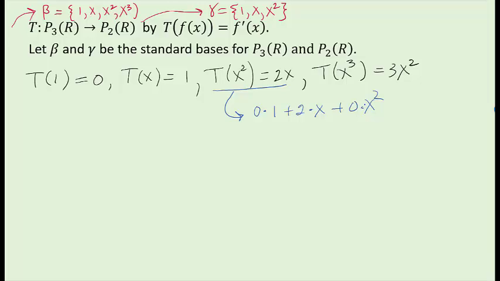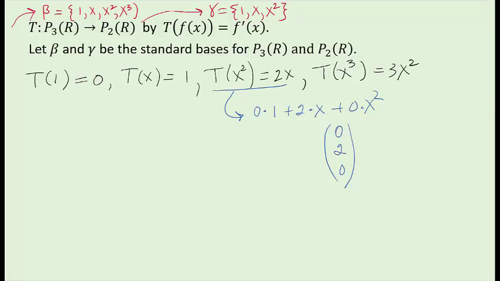So the coordinate vector we get from that is (0, 2, 0). But you don't need to write that out to see it. You can just do it in your head.